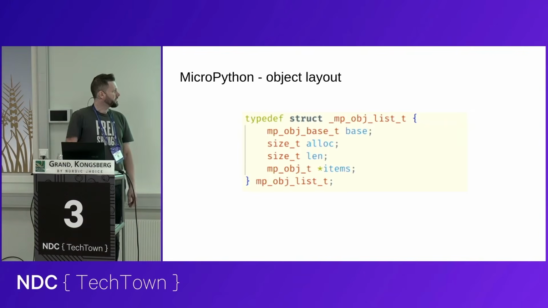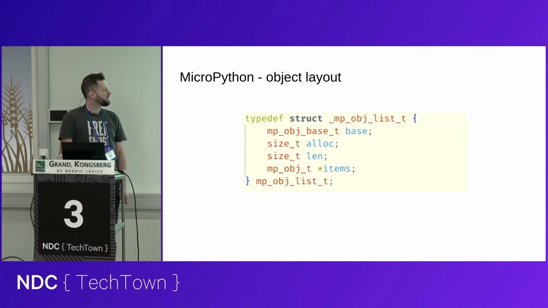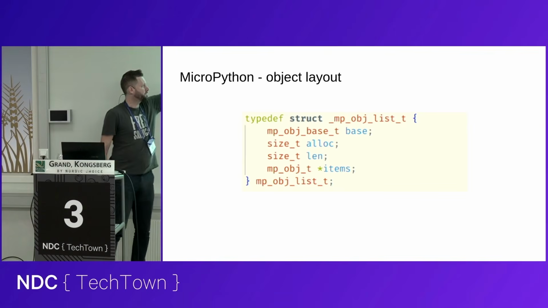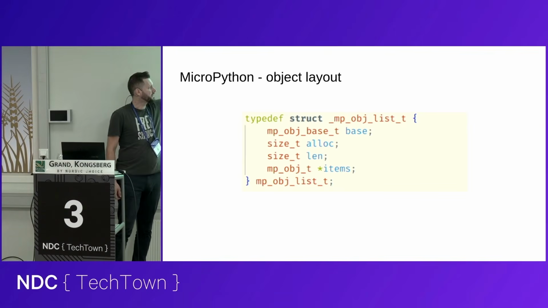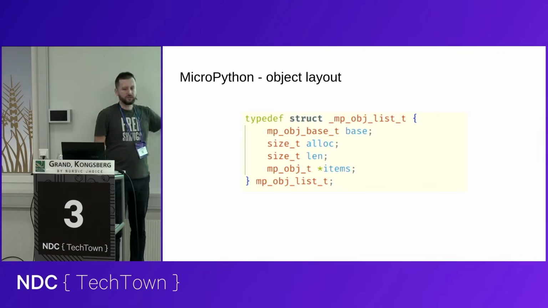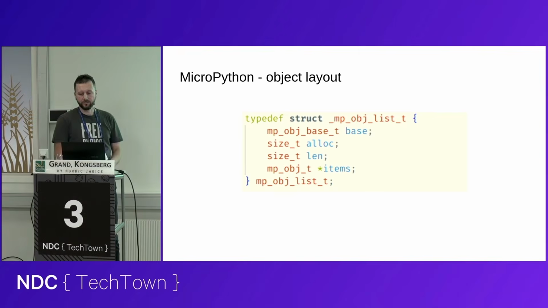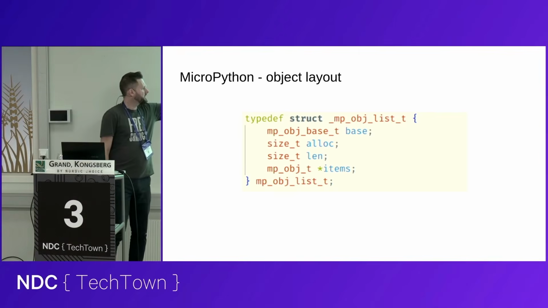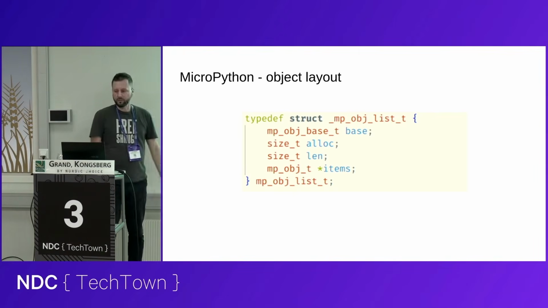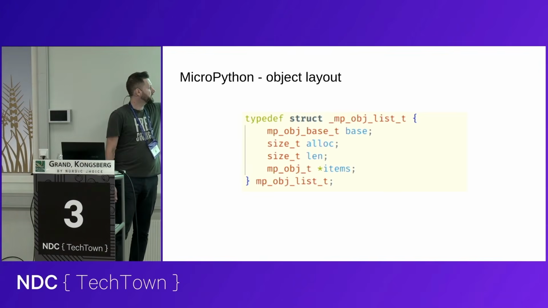This is an example. It's a representation of a Python list. This is the type pointer. Then we have some allocation, the actual length, and then we have an array of items, each of which is, again, an object pointer. Note that this is actually a pointer to an array of pointers, but this is not an object itself.